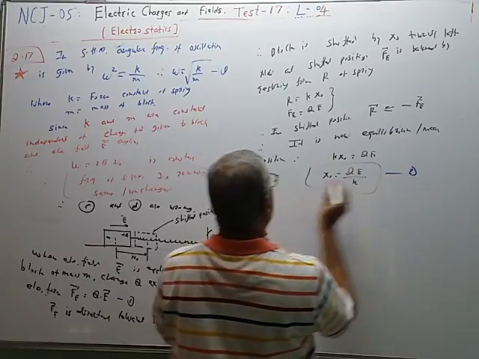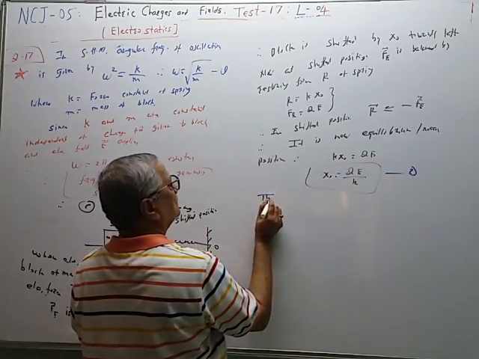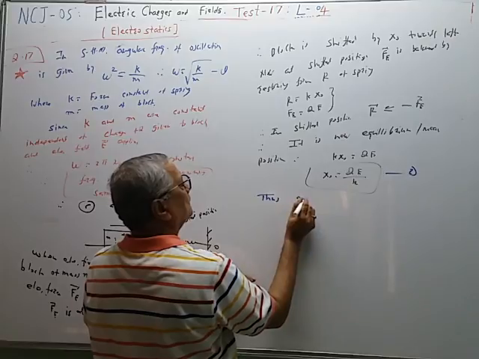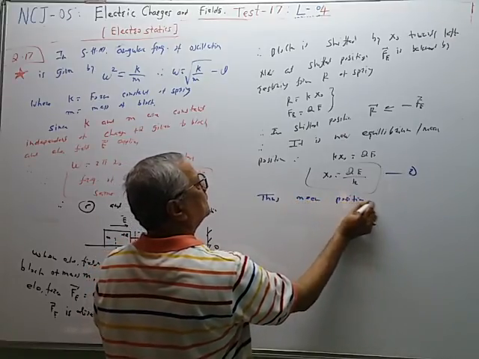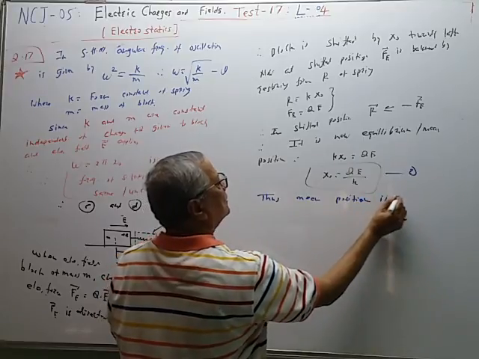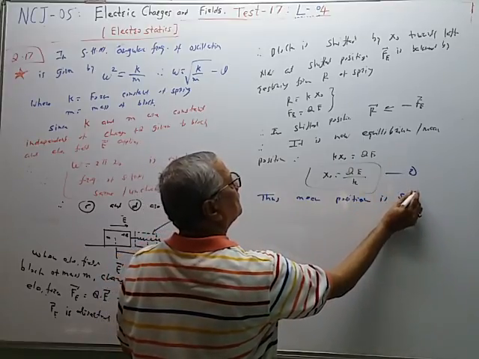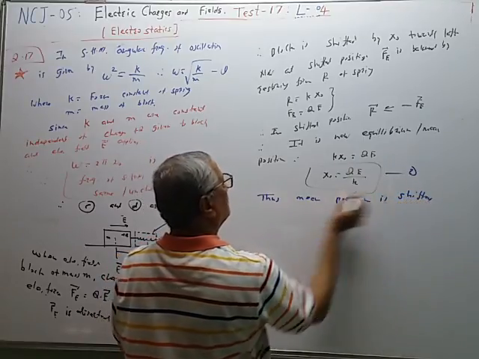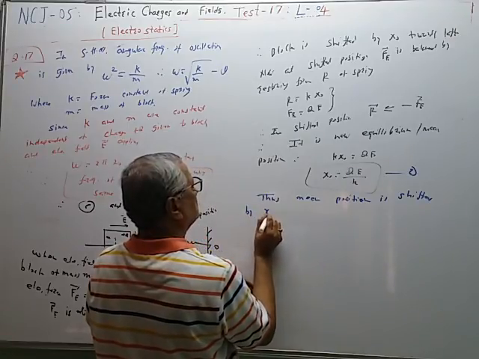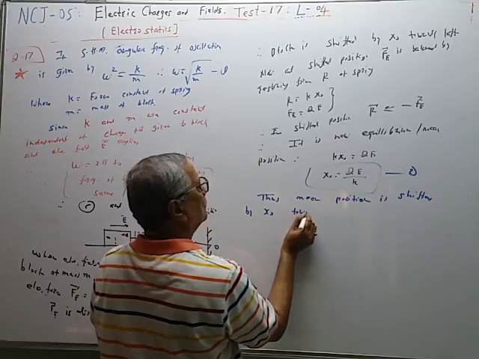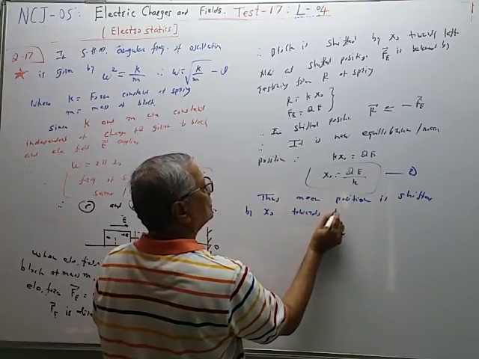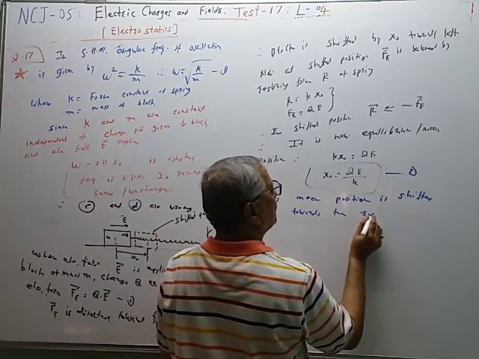This is equation second. This mean position is shifted by x0 towards the rigid support.